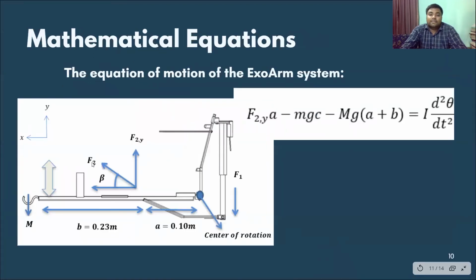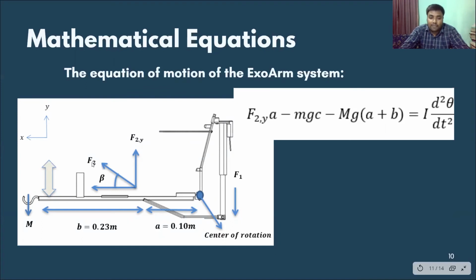So next part is the mathematical equations. As you can see in the picture, there is the force direction of the whole system. F1 is the force from the linear actuator, which is 1000 Newton in our case, and the translated force, or the force that we are getting for lifting the weight, is F2y.